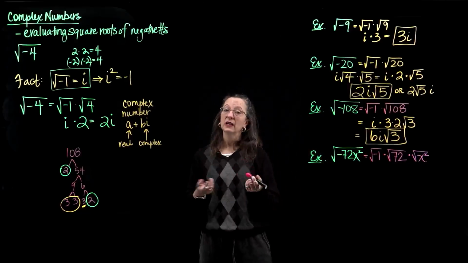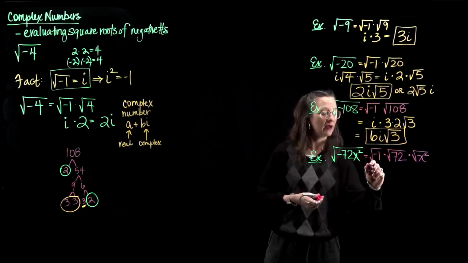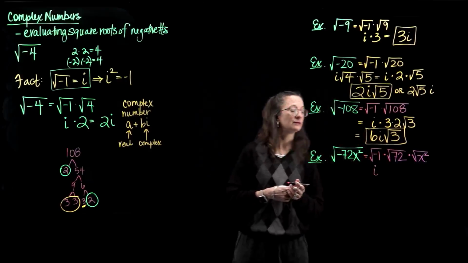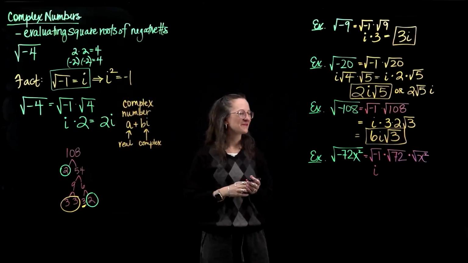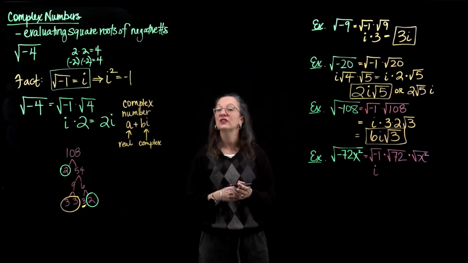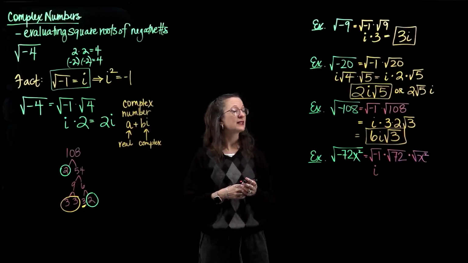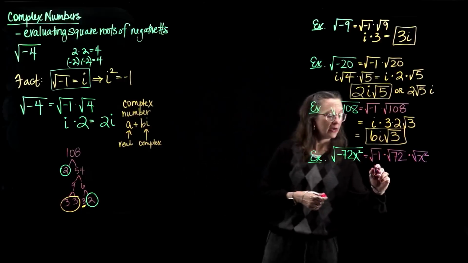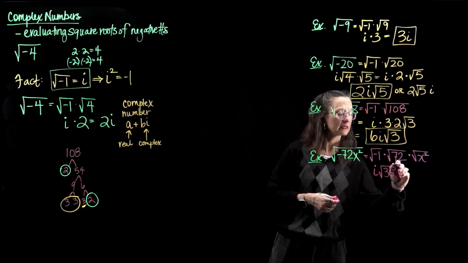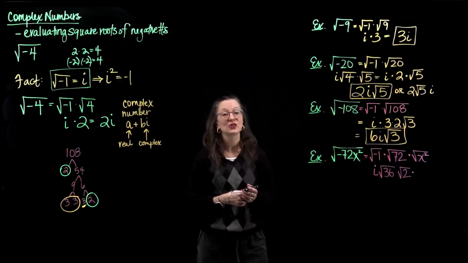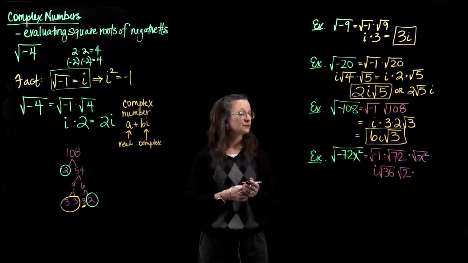So in place of the square root of -1, I'm going to write an i because of my fact over here in the box. Now let's look at that square root of 72. Well, I know that square root of 72 is square root of 36 times the square root of 2, because 72 is 36 times 2.